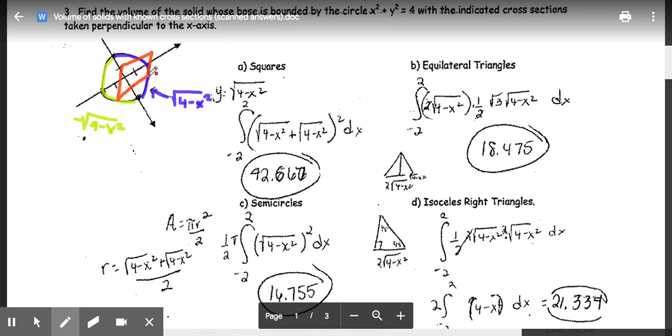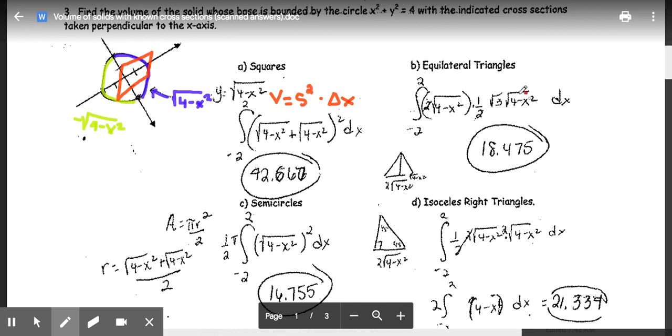But the base is top curve minus bottom curve. So that's root 4 minus x squared minus negative root 4 minus x squared. And then you're squaring it because it's the side squared. So the volume of a square slice is the side squared times the thickness, which is a change in x because you're slicing along the x-axis. And then your x values are -2 to 2.